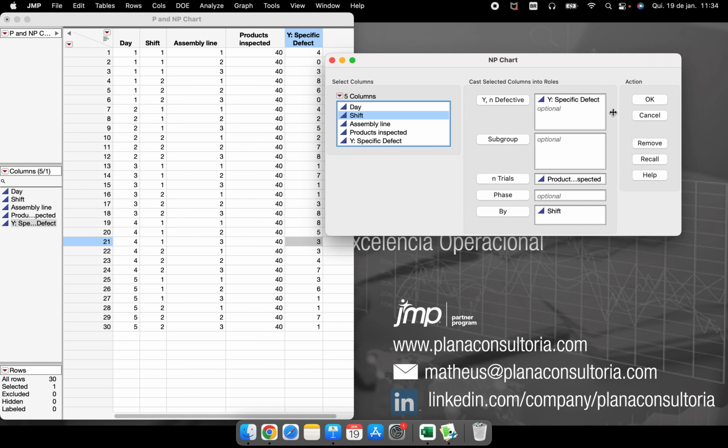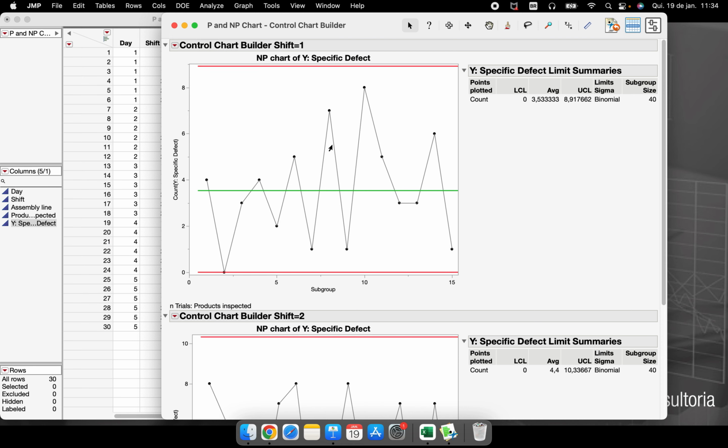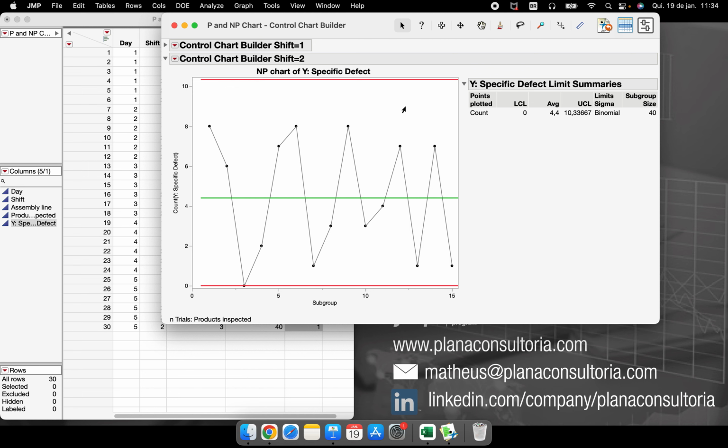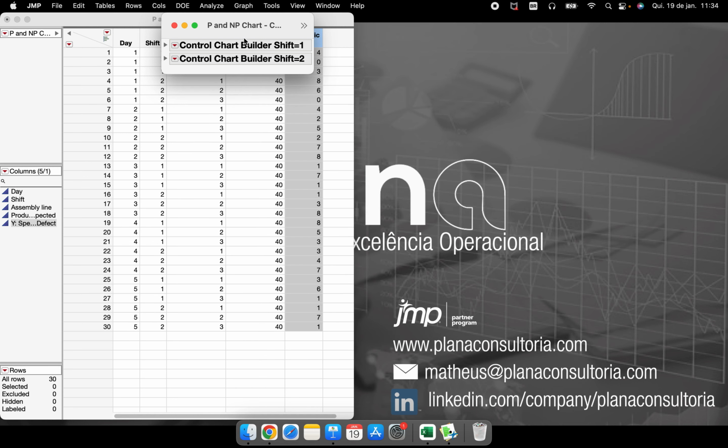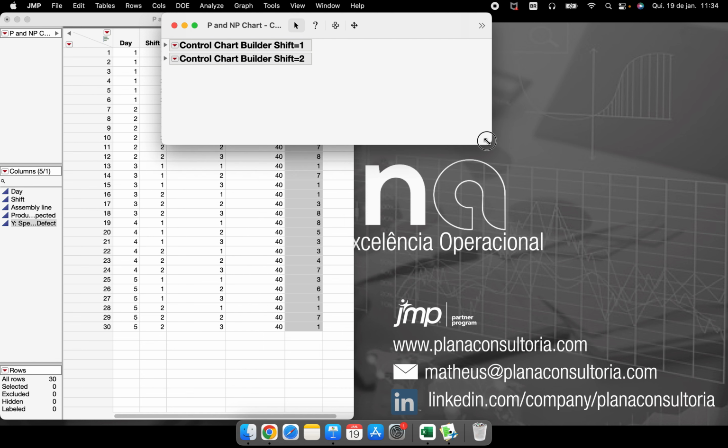So I'm going to run an NP chart by shift, and I have this specific NP chart for shift 1, and now I have this specific NP chart for shift 2. So the same options that we had in the IMR chart, X bar chart, P chart, and NP chart, we will have for every single chart that we can run in JMP using Phase or By.